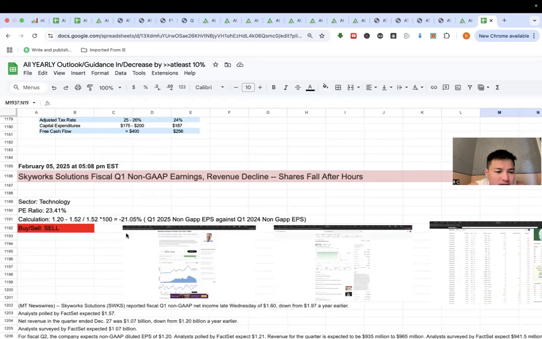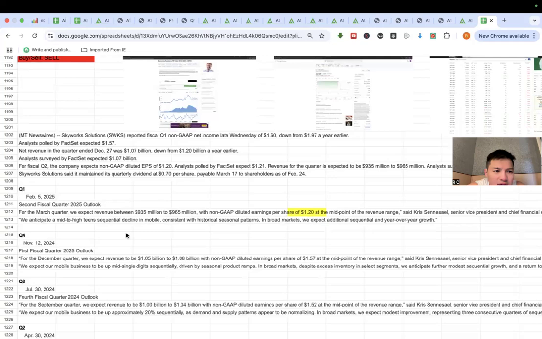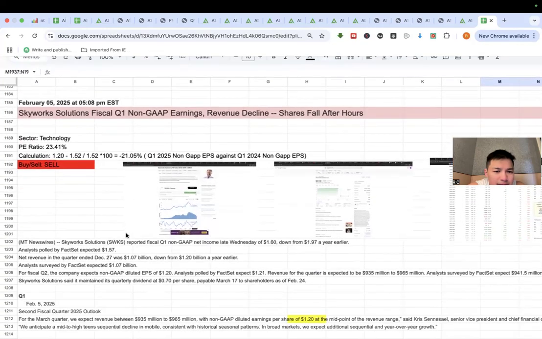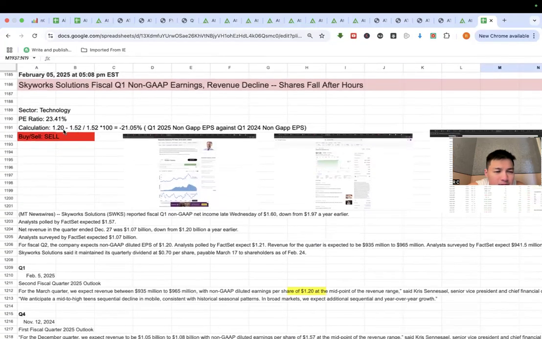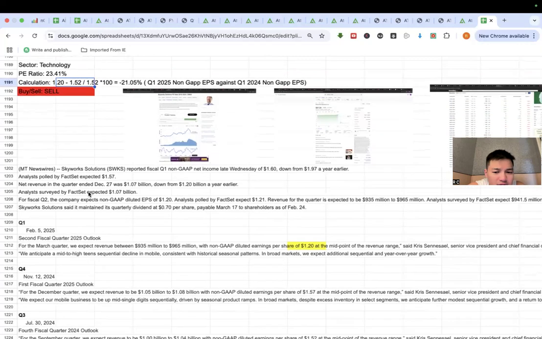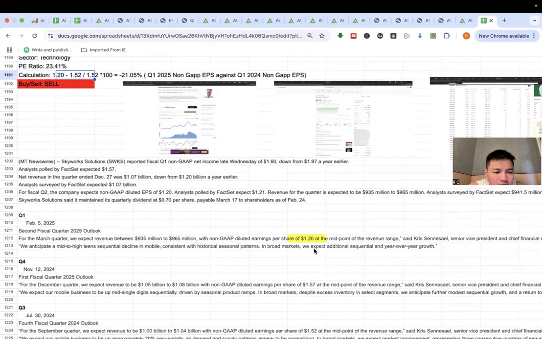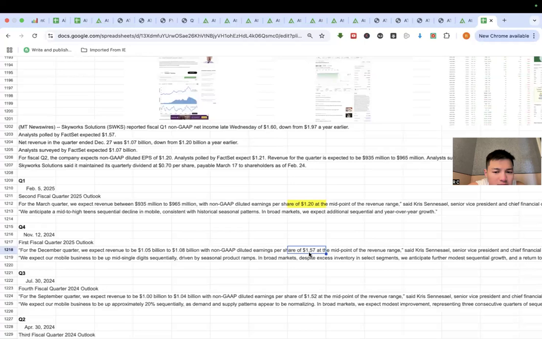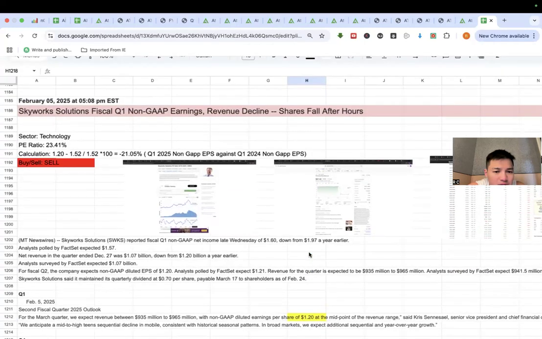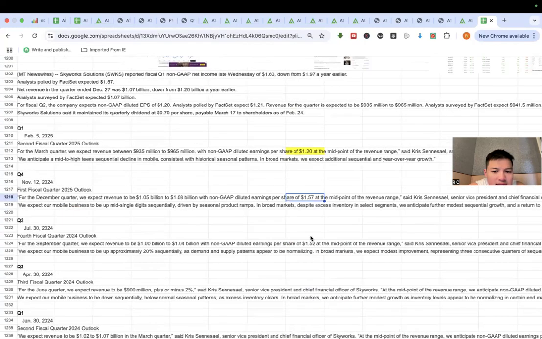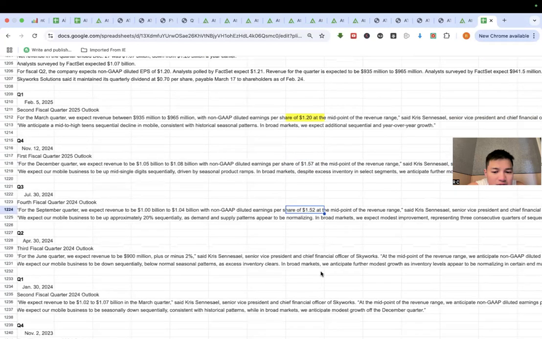Skyworks. Have a look. 1.2 minus 1.57. So it's dropped 21%. But what about last time? Last time it was 1.52.